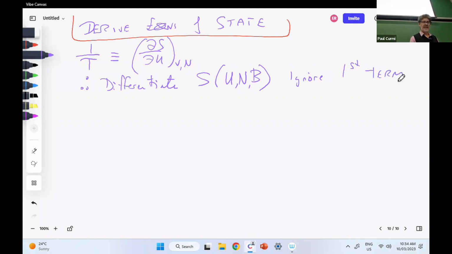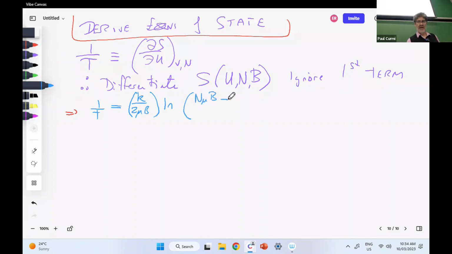If I do that, the derivative is not too complicated. I get 1 over temperature is equal to k over 2 mu B, that's my step in energy, times the logarithm of (N mu B minus U) over (N mu B plus U).